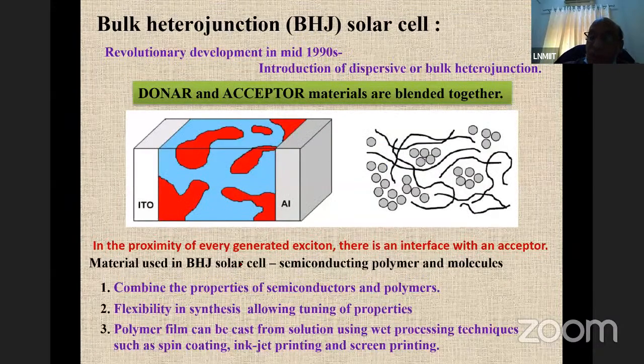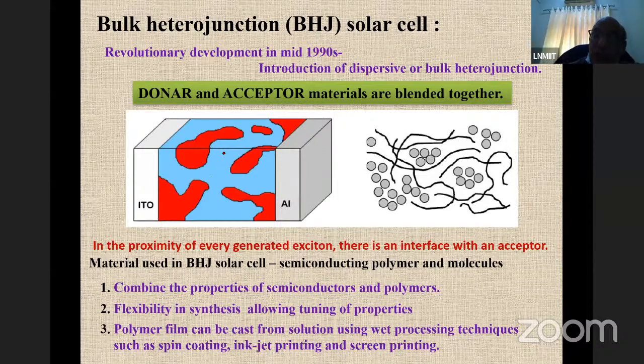After that, Professor Heeger in 1991 developed a concept. Instead of making two-layer systems, why not mix the P-type semiconductor and N-type semiconductor in a common solvent and then make the film? That concept is called the bulk heterojunction solar cell. It was developed in 1991, and due to this bulk interface, there are a lot of interfaces. Instead of one PN junction in the two-layer system, many PN junctions are formed in the active layer.